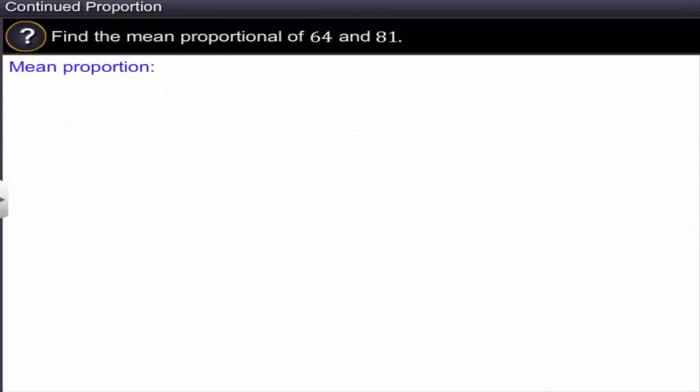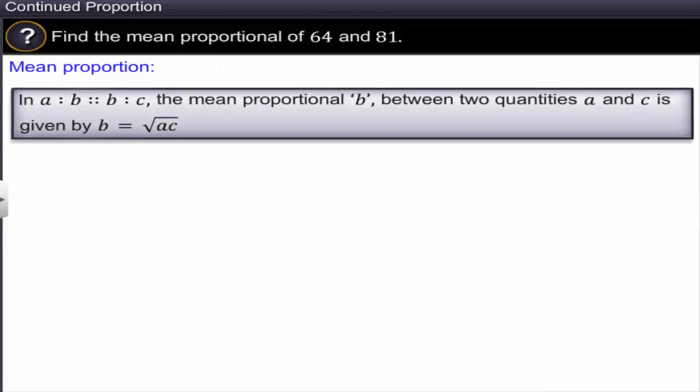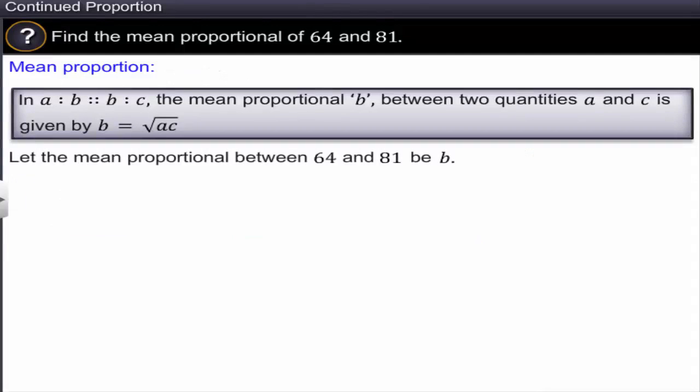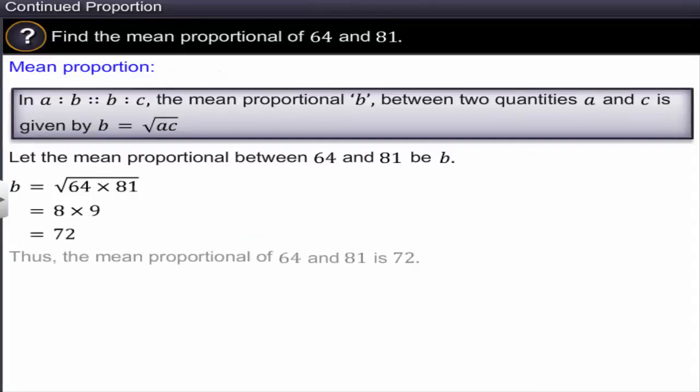We know that in a continued proportion of three quantities, A, B, and C, the mean proportional B between two quantities, A and C, is given by the square root of A into C. In this case, if the mean proportional between 64 and 81 is B, then B is equal to the square root of 64 into 81, which is equal to 72. Thus the mean proportional of 64 and 81 is 72.